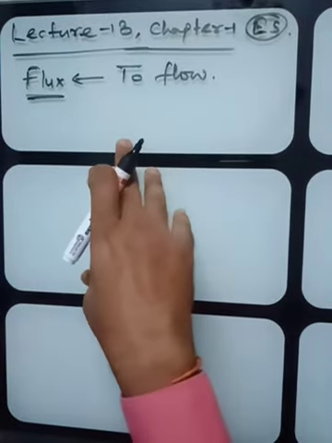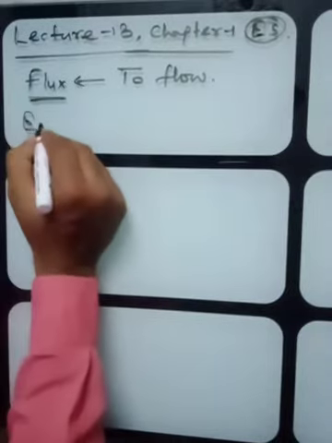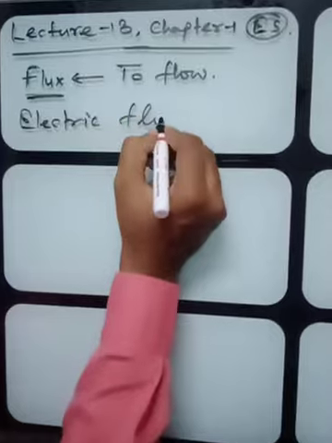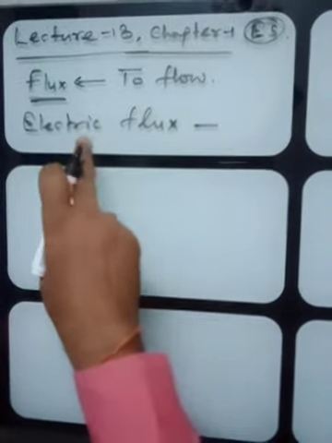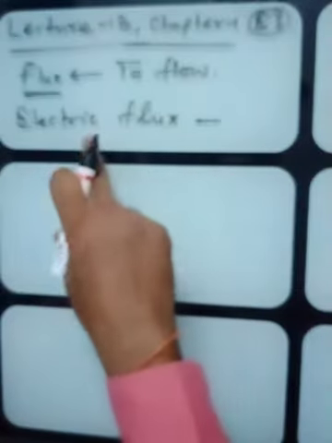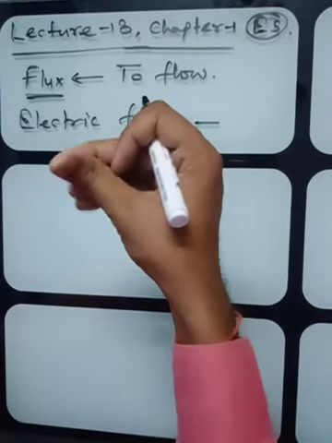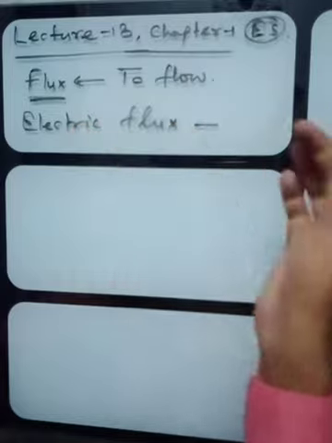So if we talk about electric flux, then we are talking about the flow of electric field lines. It means you are willing to find the number of field lines passing through any particular surface area.